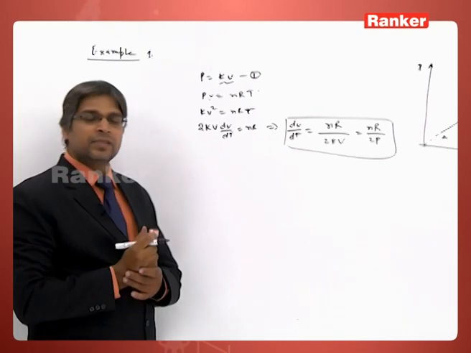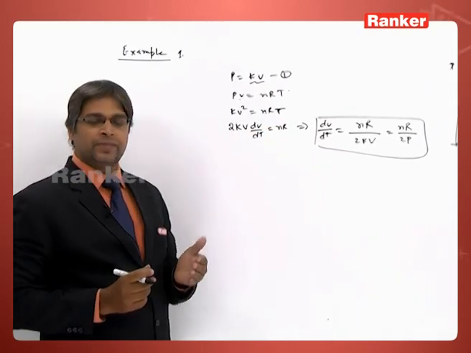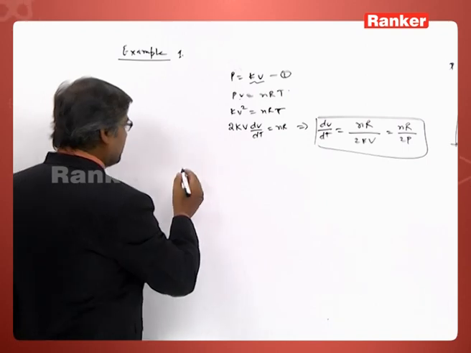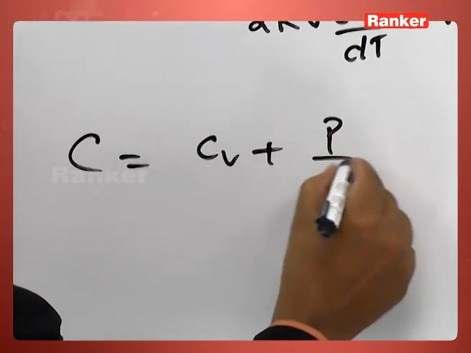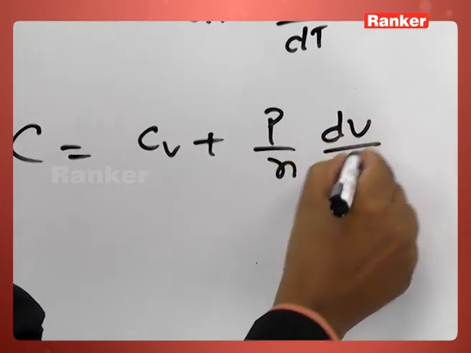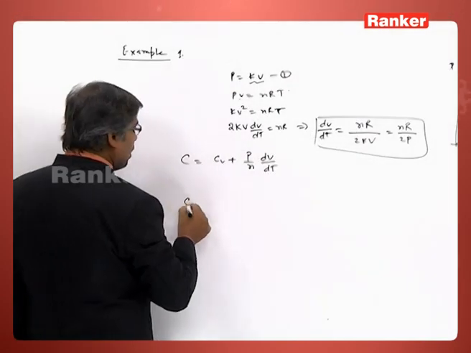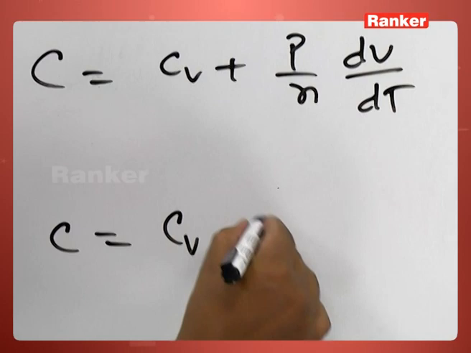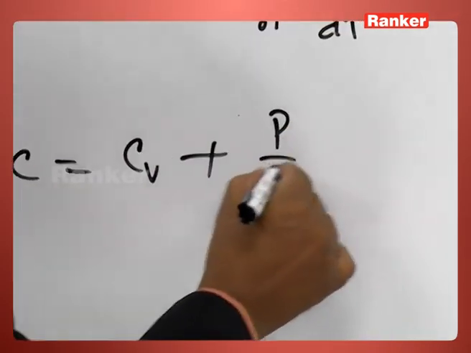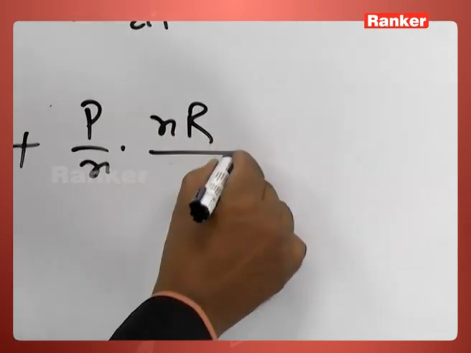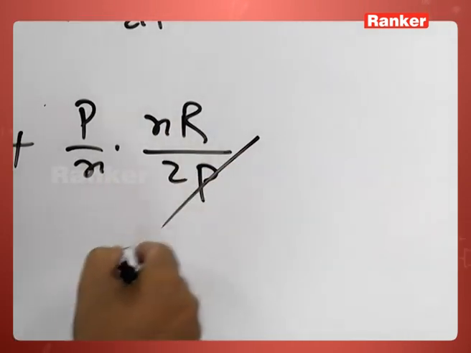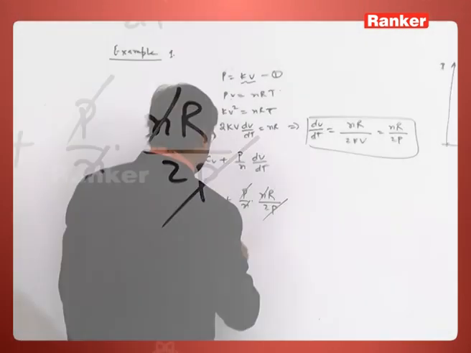Now we use the expression for specific heat for a general process, that is C is equal to CV plus P by n dV by dT. For this process, we have dV by dT as nR by 2P. So this P cancels, this n cancels.